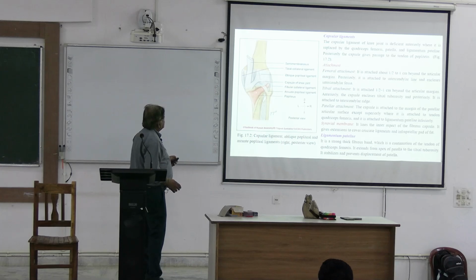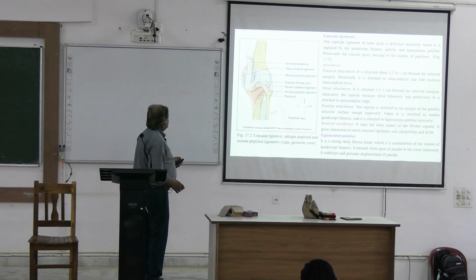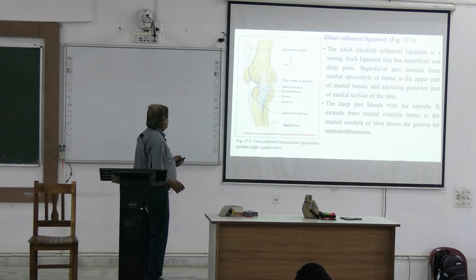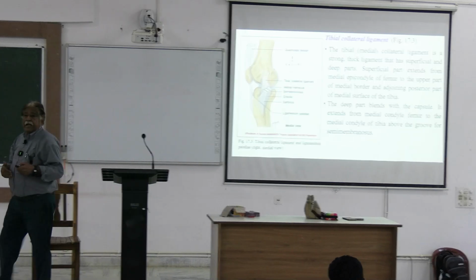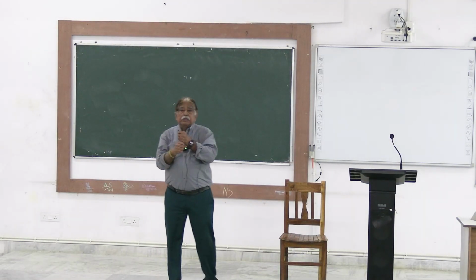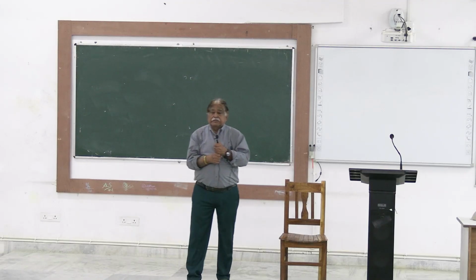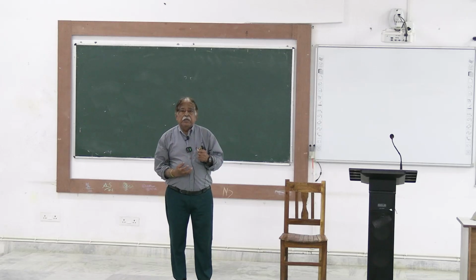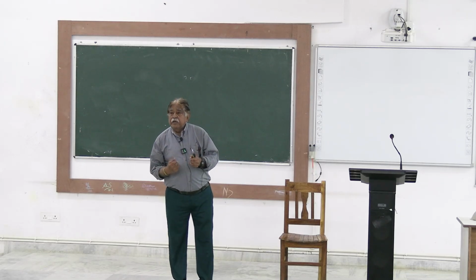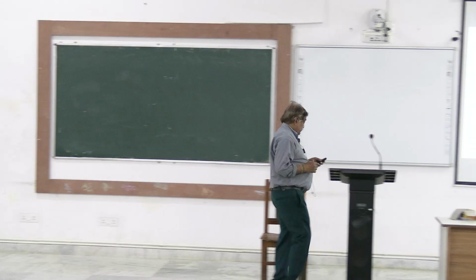Here the popliteus, here the arcuate popliteal ligament. This is the fibula and the fibular collateral ligament here. Now I'll go to this. See, so you can get a picture of how the things are being attached, the conjoint action of the lower end of the femur and also the upper end of the tibia.